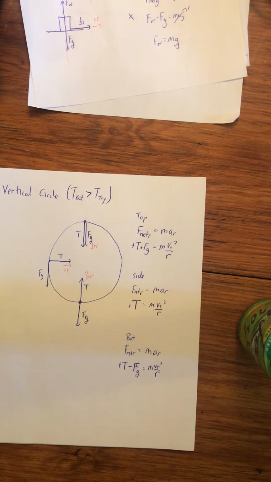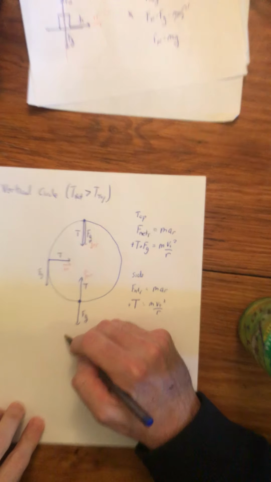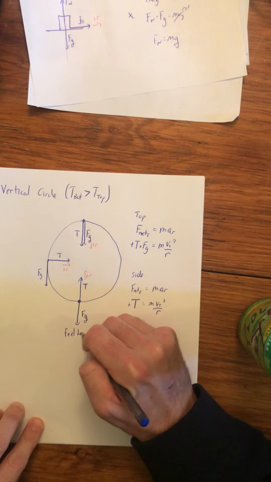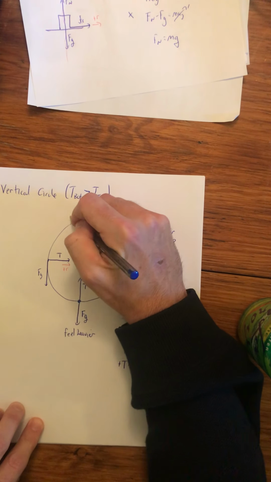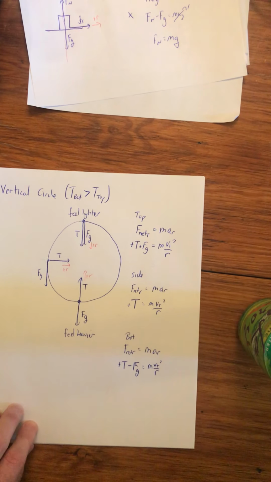Okay, so there you go. So how does that feel at the bottom? Hopefully you also said that at the bottom the keys feel heavier, and at the top the keys feel lighter. That should evoke ideas about fictitious forces.